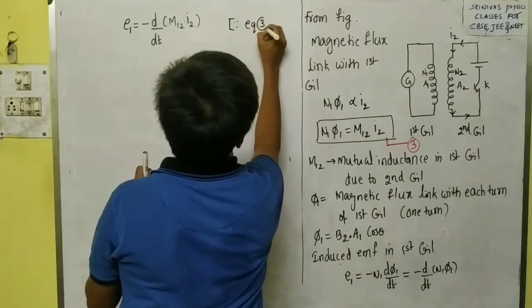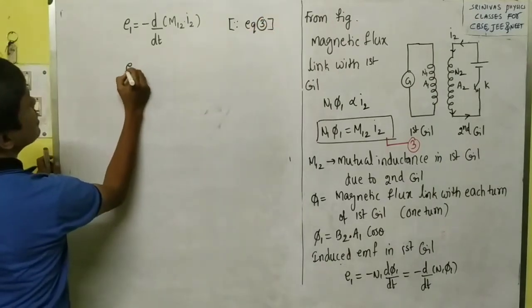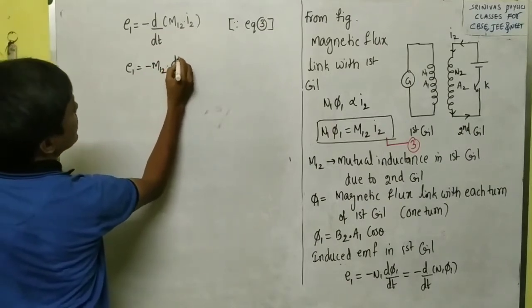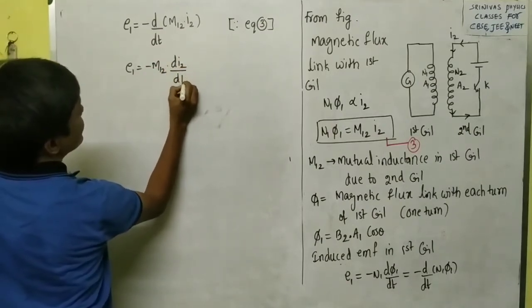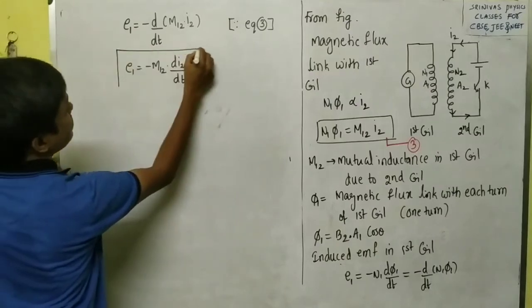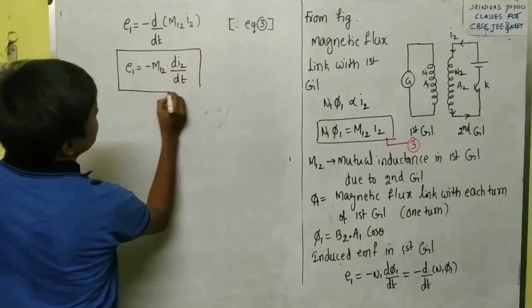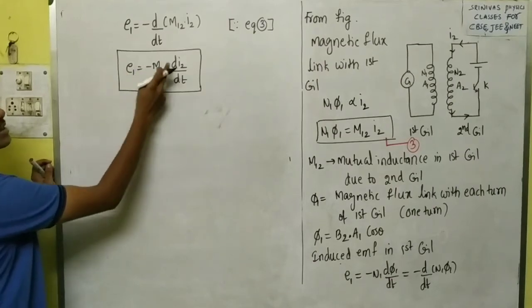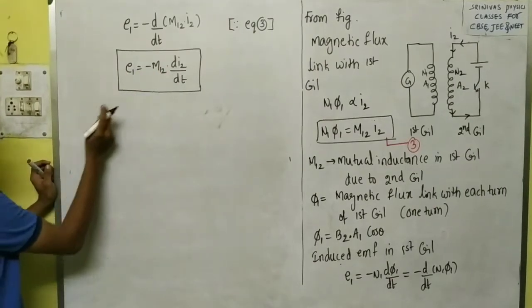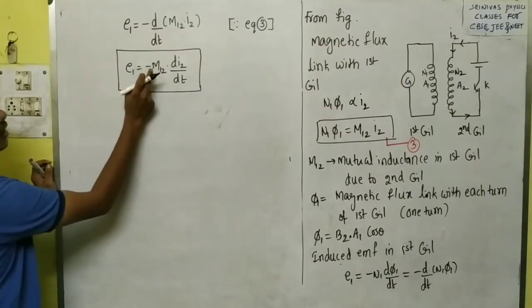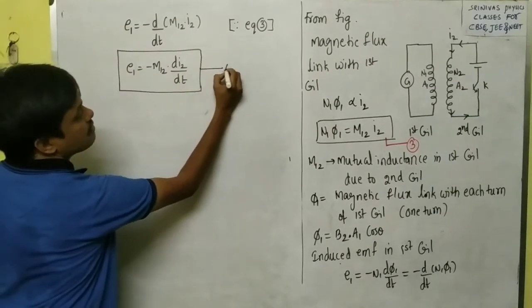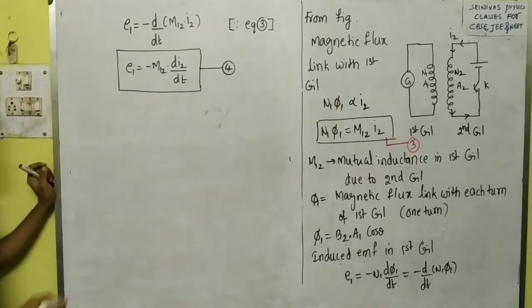So we write induced EMF as minus M12 into dI2 by dt. That means induced EMF in the first coil is directly proportional to the rate of change of current in the second coil, and it also depends upon the mutual inductance. This is equation 4.